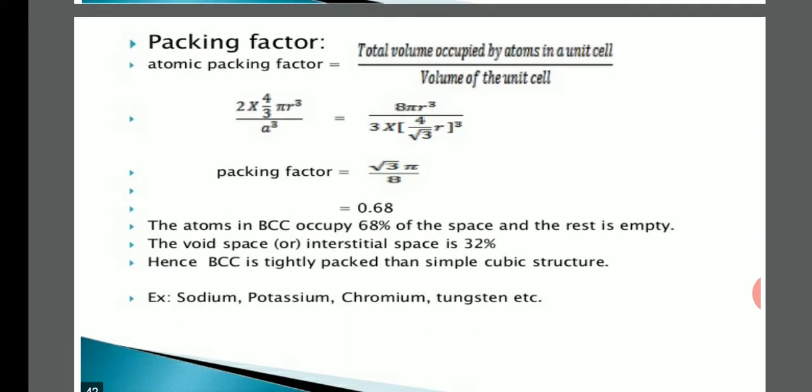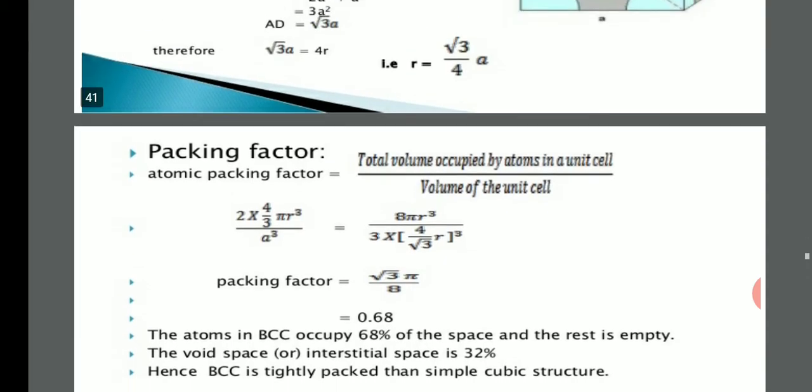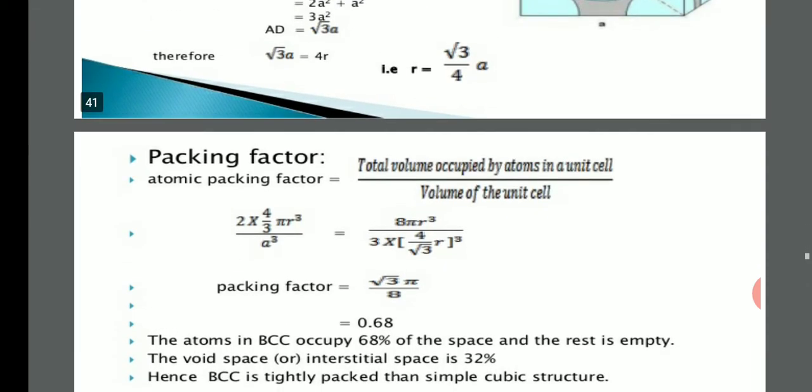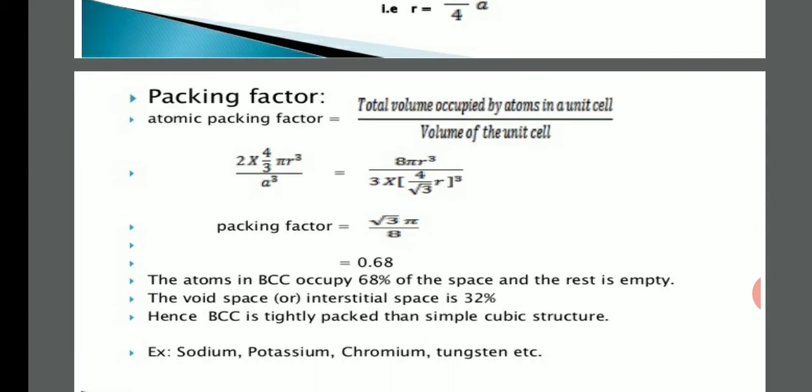So packing factor is total volume occupied by atoms in the unit cell divided by volume of the unit cell. In body centered cubic, number of atoms per unit cell is 2 and volume occupied is 2 into 4 by 3 pi r cube divided by a cube. So that is 8 pi r cube by 3 a cube, and you have to know that a equals 4 by root 3 r.